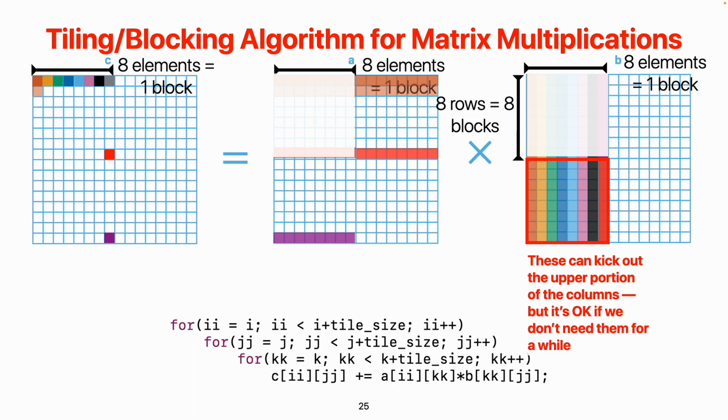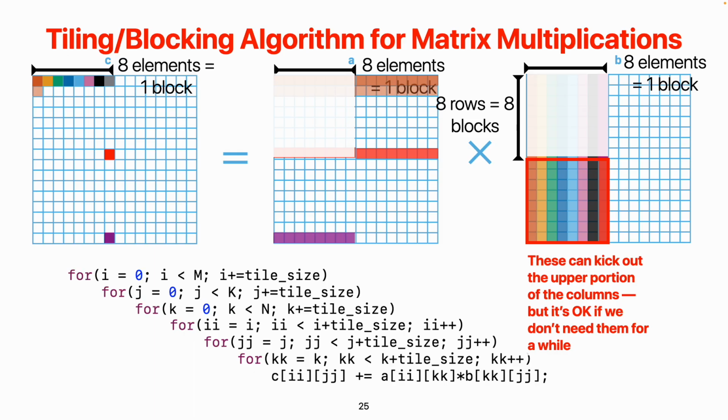So this inner part is pretty much like a smaller matrix multiplication with boundary. And the outer three-level loop is basically changing the boundary of these matrix tiles.